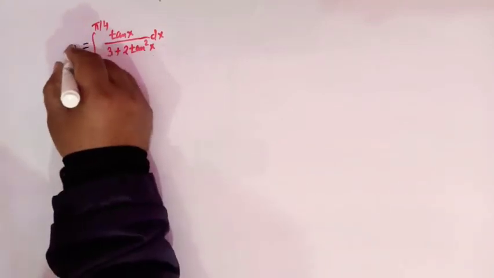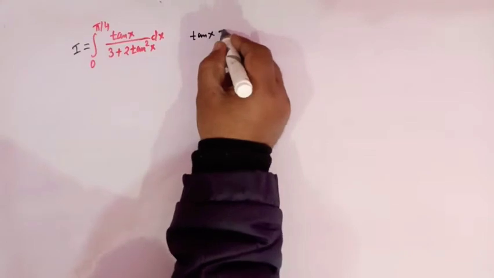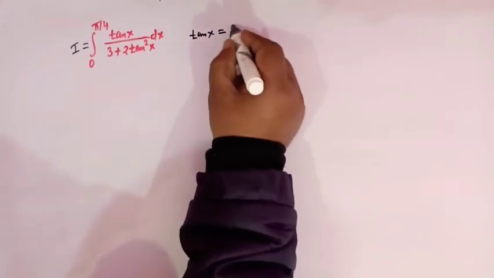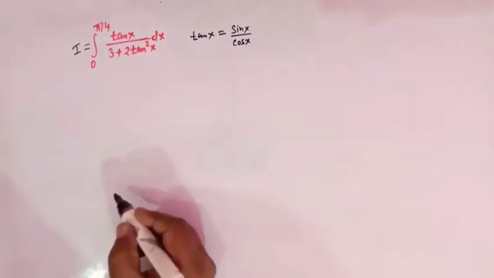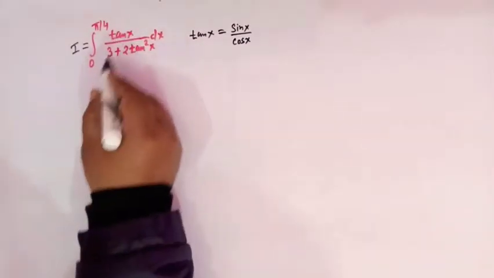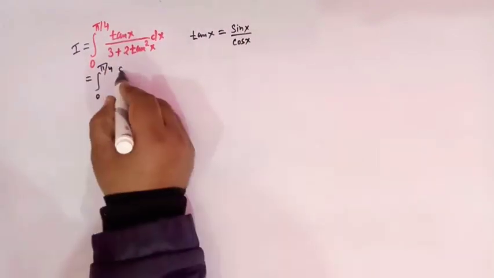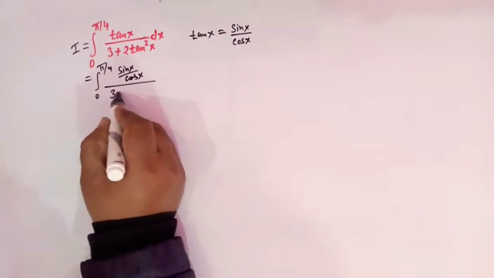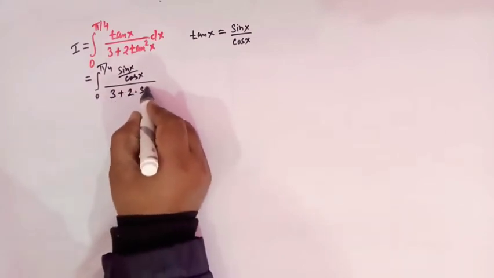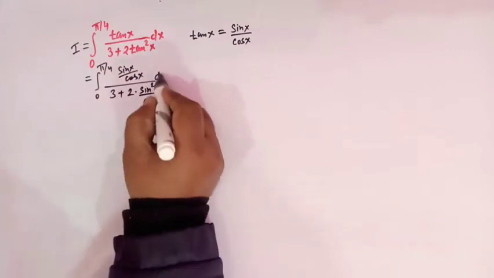So let us start. Now here first of all we'll make use of the result that tan x is equal to sin x over cos x, right? So we'll substitute tan x is equal to sin x over cos x, and in the denominator we have sin square x over cos square x, right?